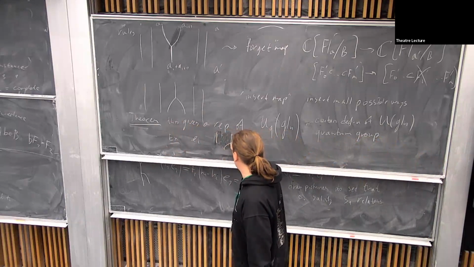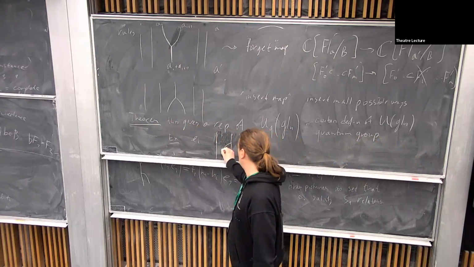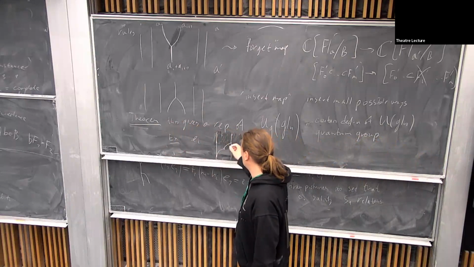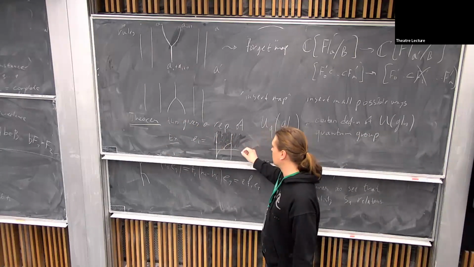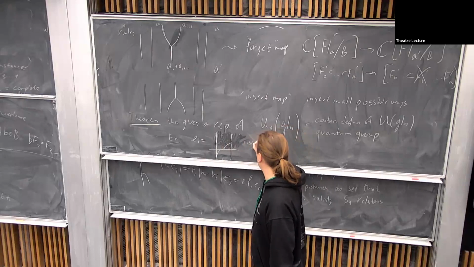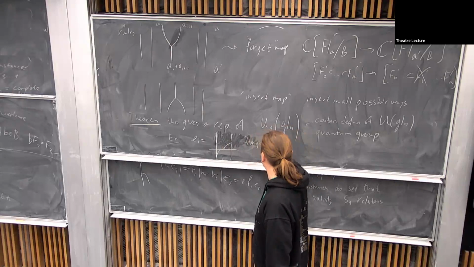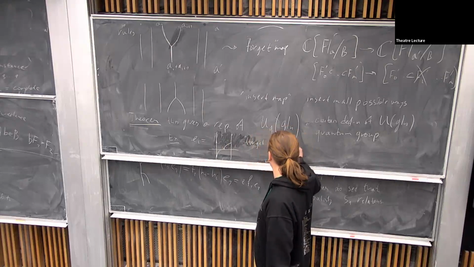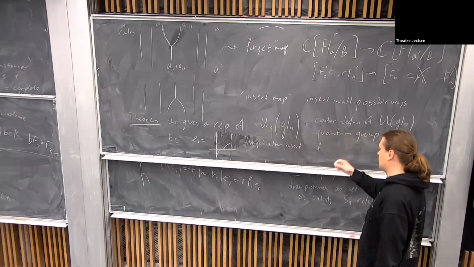So here, I have to first split this line off and then bring it here. Yes. So there, it's a product of two operations. It's insert. Sorry, forget after insert. And F_i is the opposite one.